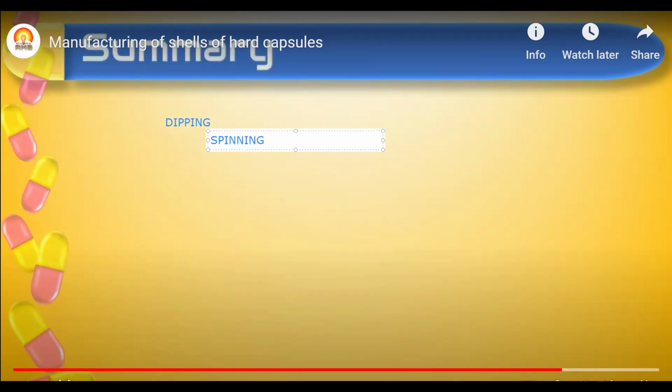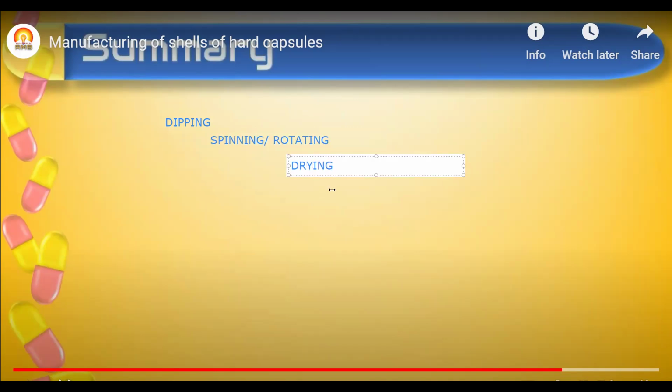No problem, both are same. So Mazhar said rotating, so I'm writing rotating also. Then spinning, rotating, then drying.